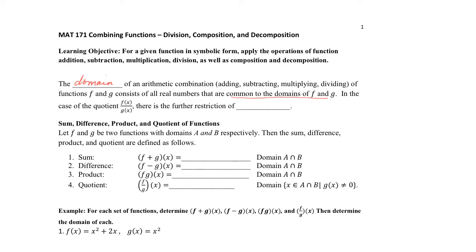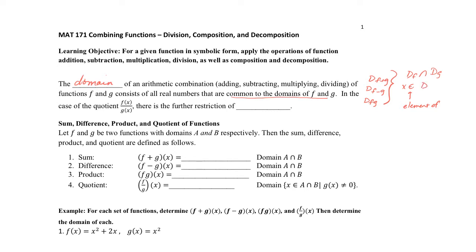When we talk about the domain, so if I'm looking at the domain of f plus g, or the domain of f minus g, or the domain of f times g, these will all be the same. I know that the domain of those combinations are the intersection of the domain of f with the domain of g. So that means that whatever my x values are for these combinations, x has to be, this funny looking e means an element of, within the domain of f.